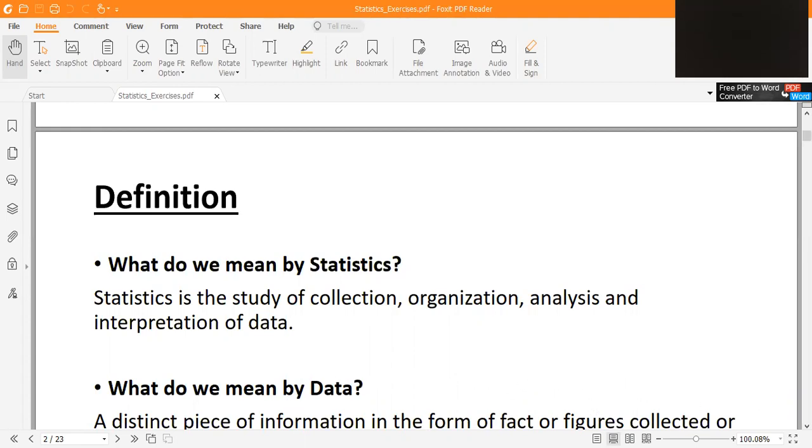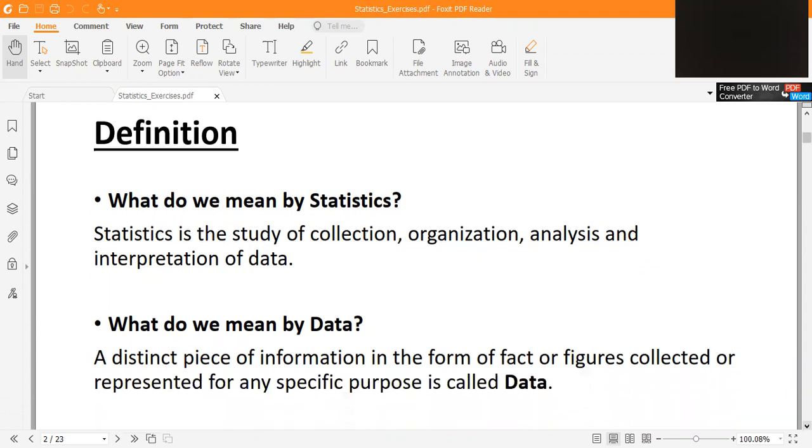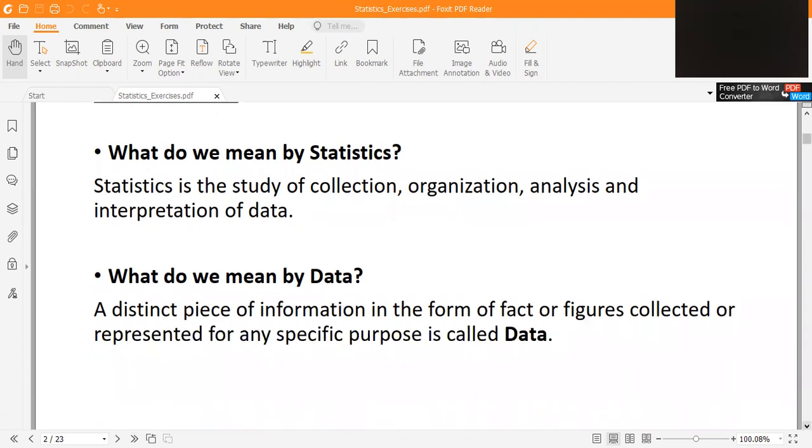What do we mean by data? A distinct piece of information in the form of fact. Data can be pieces of information, numbers, or figures collected for a specific purpose.